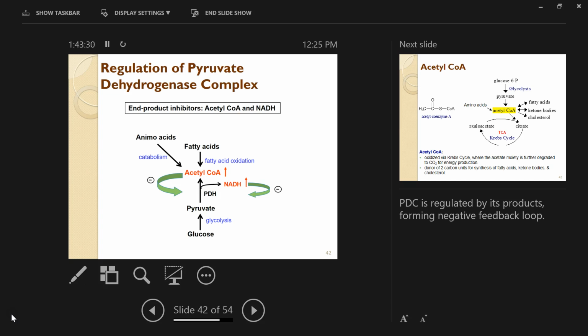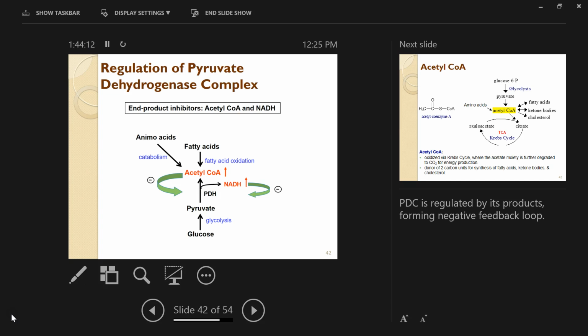For example, glucose goes through glycolysis to pyruvate, and pyruvate is converted to acetyl-CoA and meantime produces NADH. If NADH or acetyl-CoA levels increase, this will inhibit pyruvate dehydrogenase activity to slow the reaction down. That makes sense, because acetyl-CoA can be completely oxidized for energy, and NADH represents the energy level.